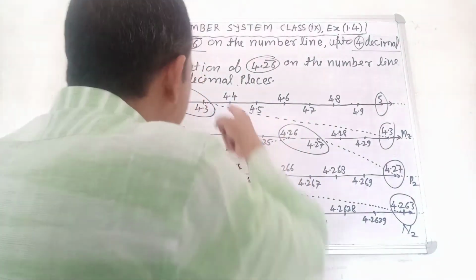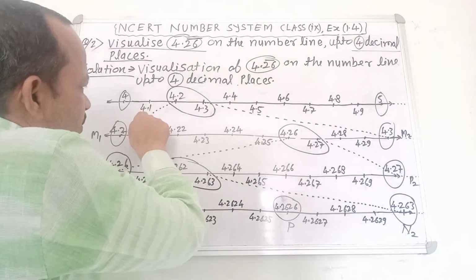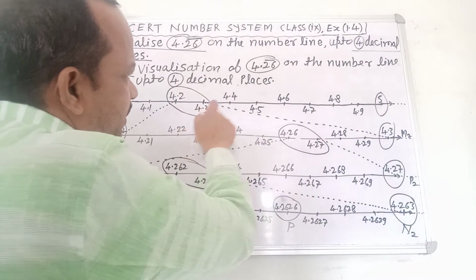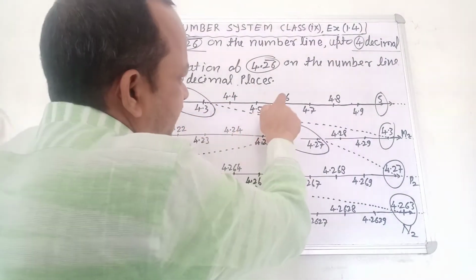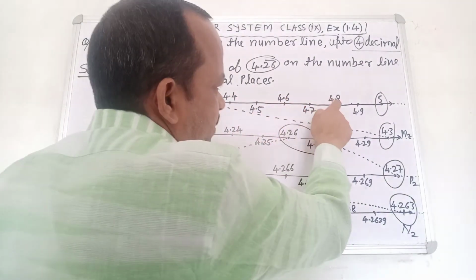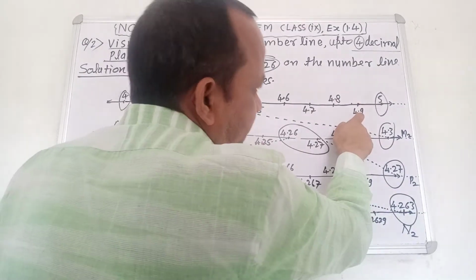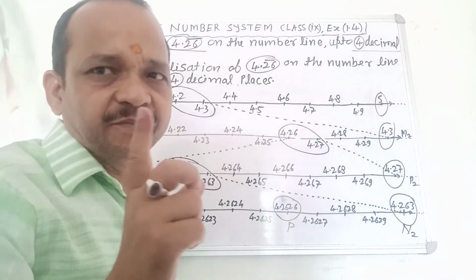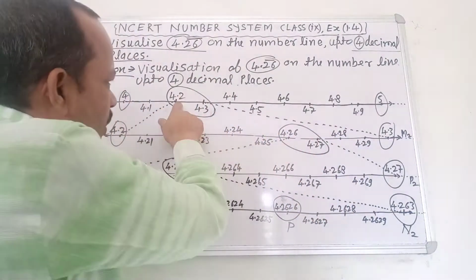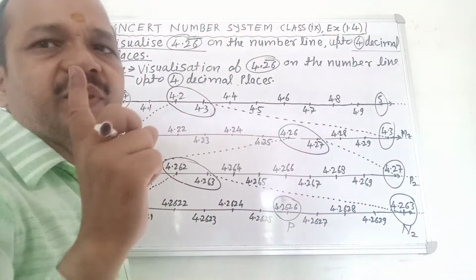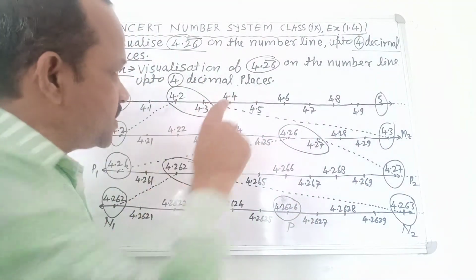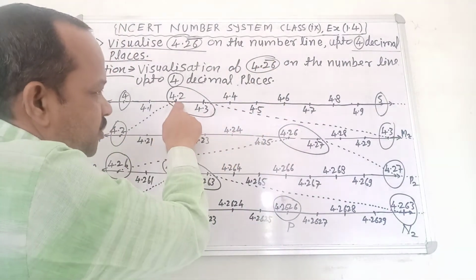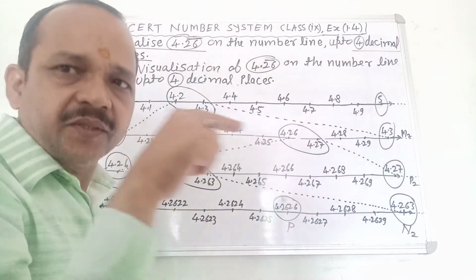Here 4.1, 4.2, 4.3, 4.4, 4.5, 4.6, 4.7, 4.8, 4.9 and 5. Here 4.2 and 4.3. It means 4.26 bar is between 4.2 and 4.3.